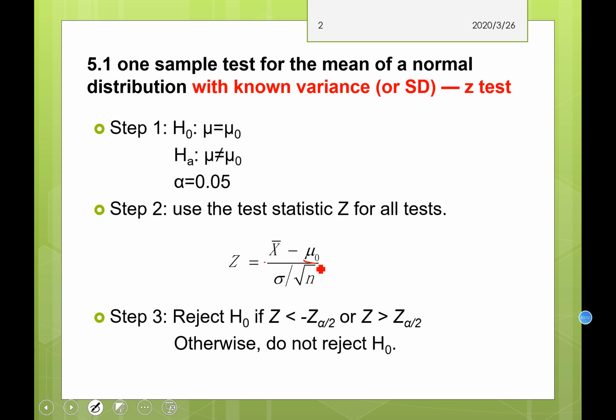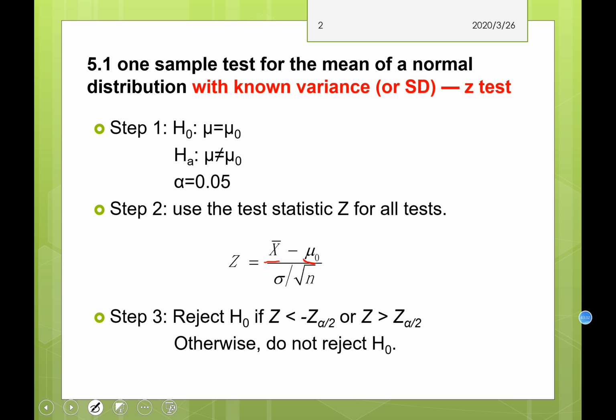So here, X bar is the mean of the given sample, and mu, actually, it should be the population mean of X bar, but which is given in the question is actually the sample, not the population of the sample.